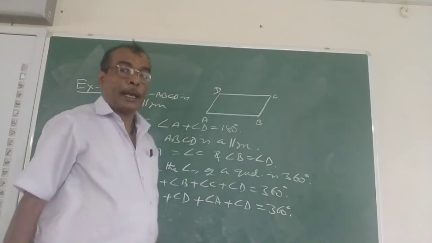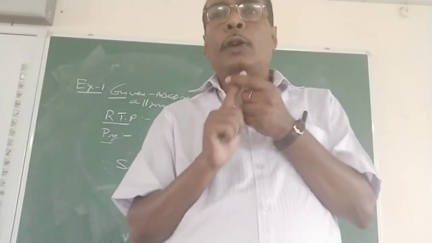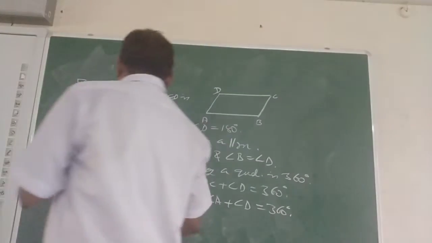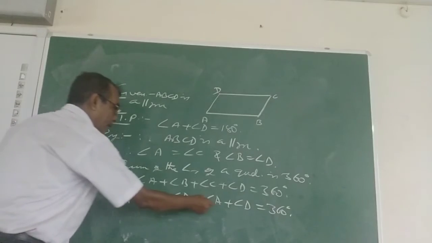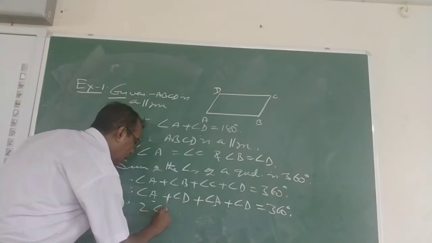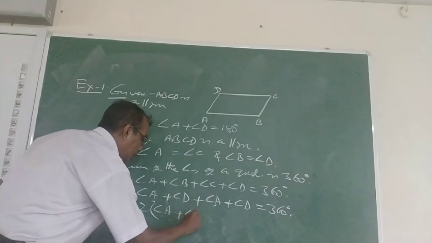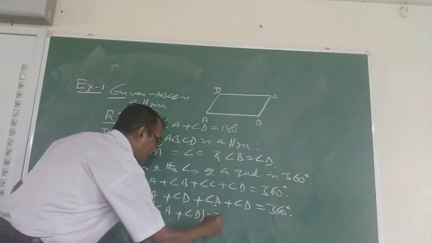A and D will have to be kept as they are, because your target is to prove that the sum of angle A and angle D is 180. So A plus A is 2A, D plus D is 2D, and taking 2 common, it is equal to 360.